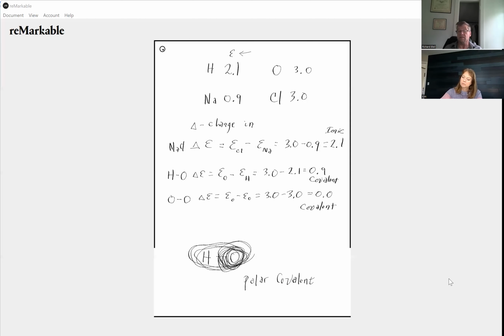It's covalent, but it's not equitable. So this is a polar covalent bond. This is a non-polar covalent. All right. We're going to talk about molecular polarity a little bit later in this chapter.